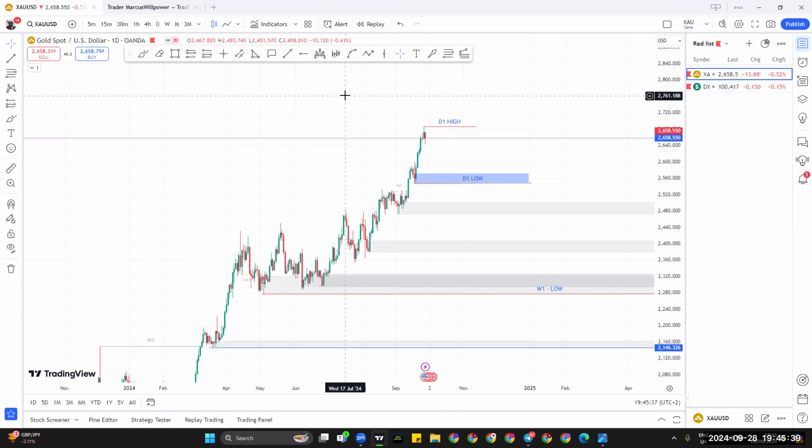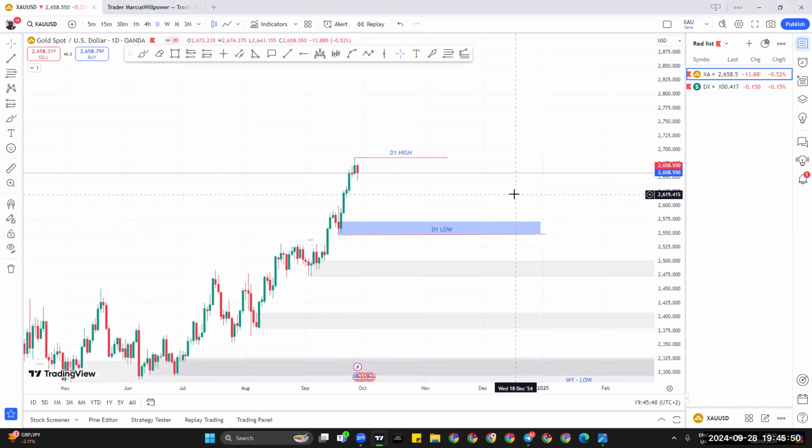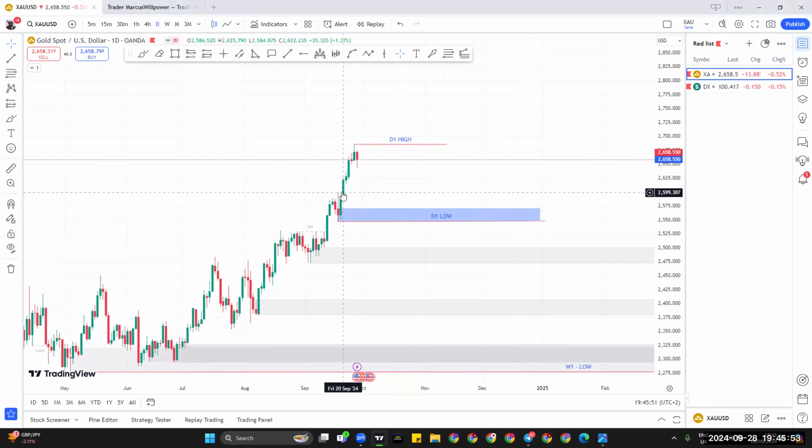So, just going back to last week, I think it's apparent that gold is currently bullish right now. And on the daily time frame, we can see bullish candles pushing up.